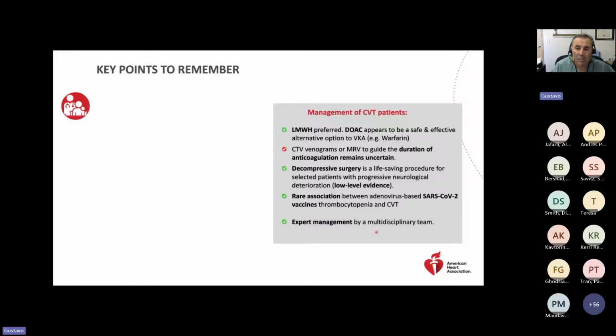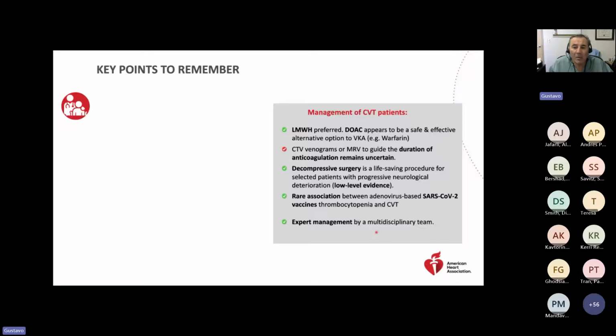I also mentioned in terms of management and treatment that low molecular weight heparin is preferred. Some people have used DOACs, but the trials were stopped for low recruitment. Still, in the guidelines, DOAC seems to be a reasonable and safe option, and that's what we are trying to do before discharging patients admitted with cerebral venous thrombosis, unless there is a contraindication.